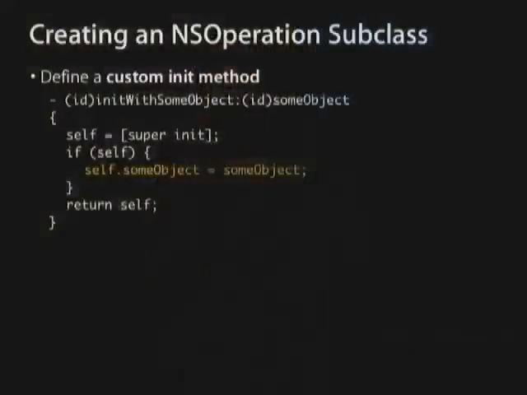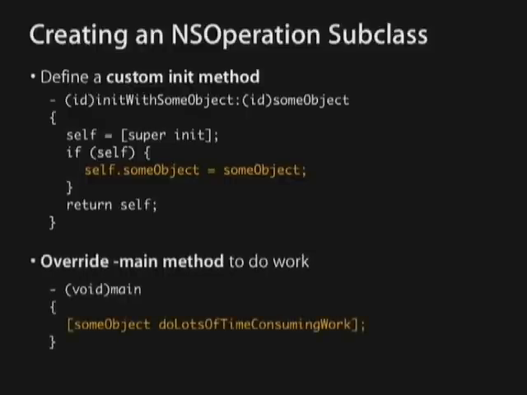So, creating an operation subclass. Well, you create your init method, and since your operation probably needs a context, you create an init method that takes some object, and you set that locally. And then you implement your main method. So your NSOperation subclass implements a main method that goes and does the heavy duty lifting, the work, right?